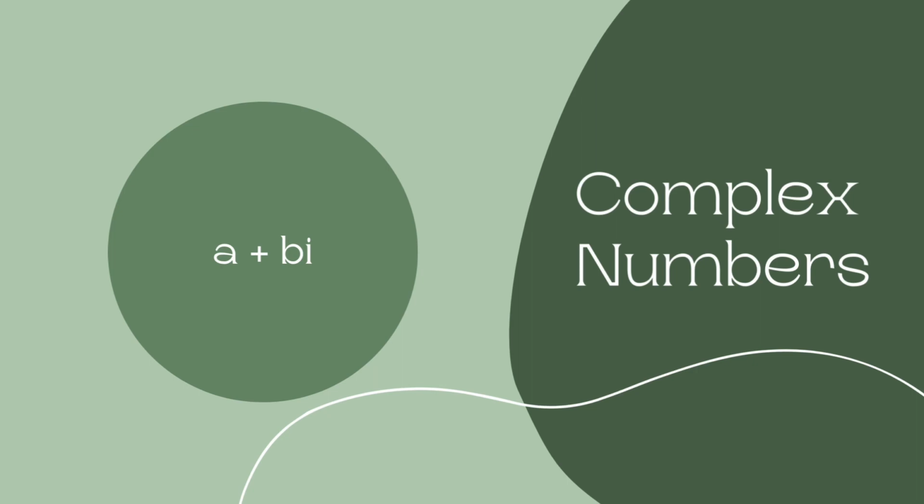For example, if you just wanted to say 3, 3 would be in that A component. Your A component is whatever is real. And for regular old 3, it would just be written as 3 plus 0i. The bi is your imaginary component. So anything you see written with an i next to it that's implied to be imaginary will be complex, and it should be written in this a plus bi format.